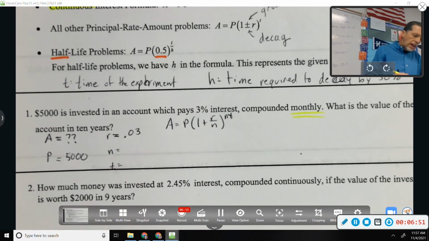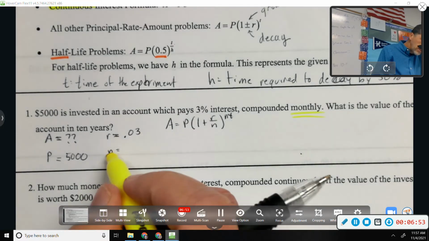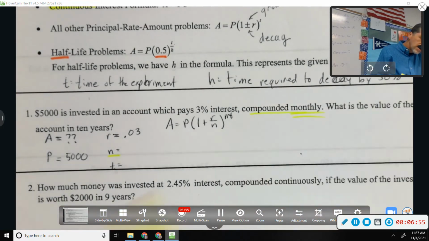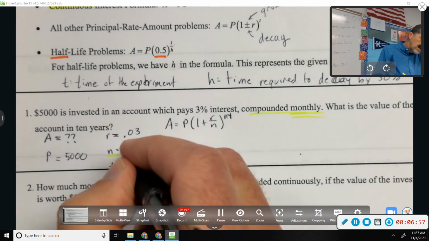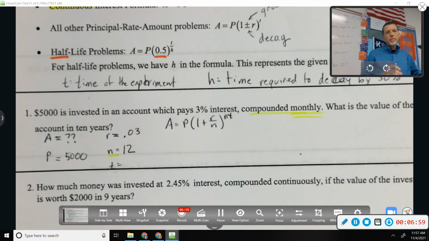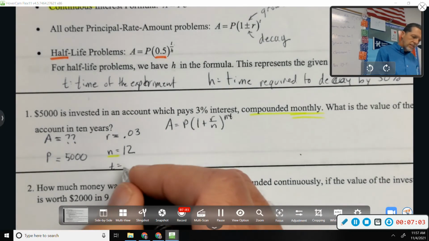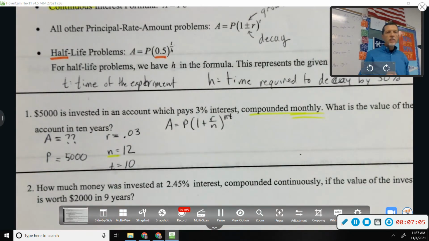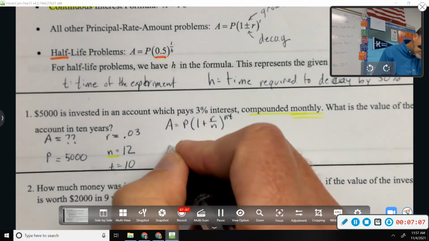N has to do with how many times per year we compound. Monthly means 12. And T is 10. So let's fill in the pieces.